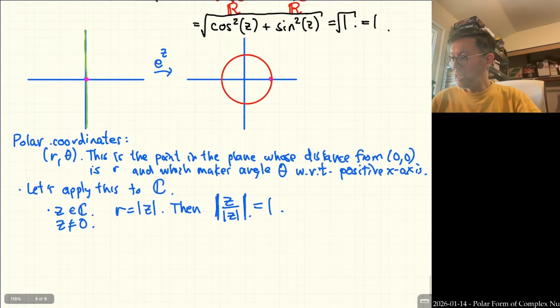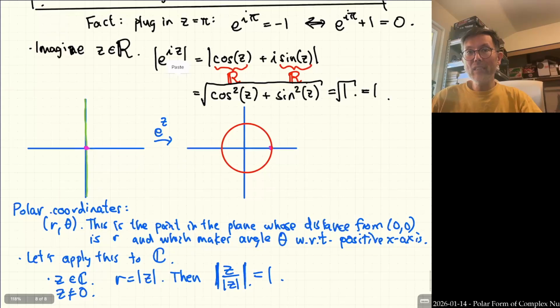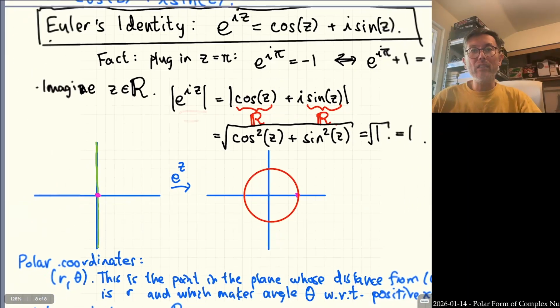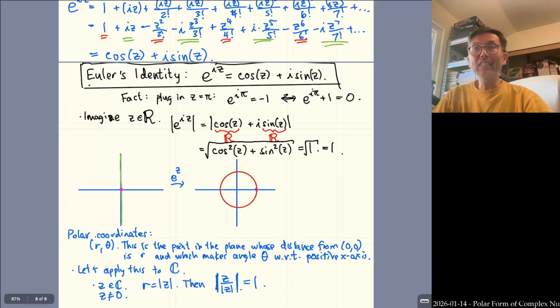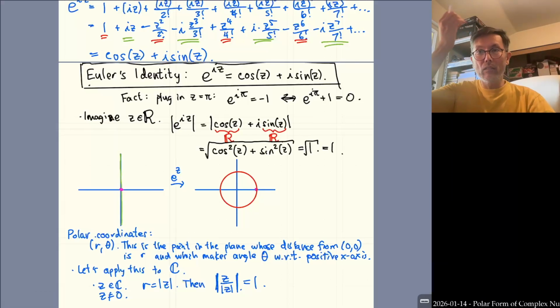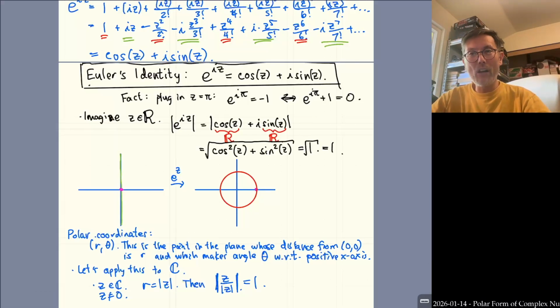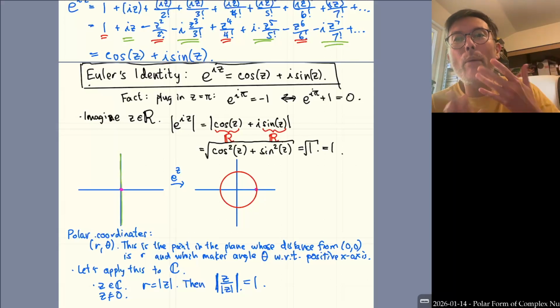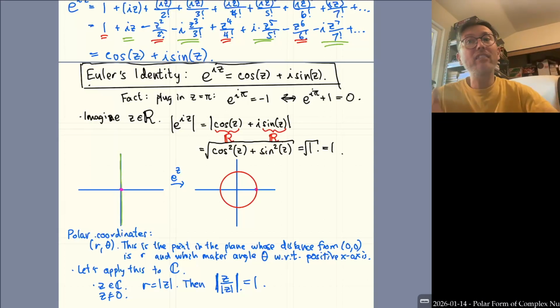And we just got done saying that points on the unit circle are of the form e to the i z, for some real z. And in fact, that z tells you about the angle of the point on the unit circle. In other words, if you take the ray that emanates from the origin and passes through that point on the unit circle, you measure the angle that ray makes with the positive x-axis, and you get that that's the value of z.